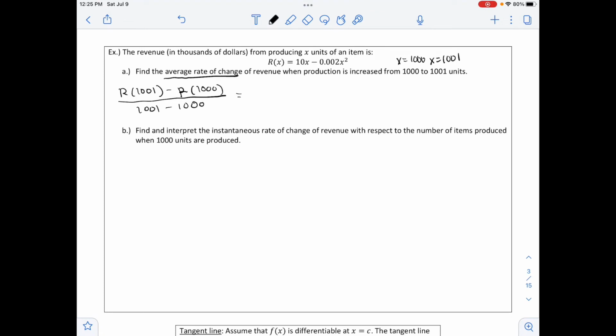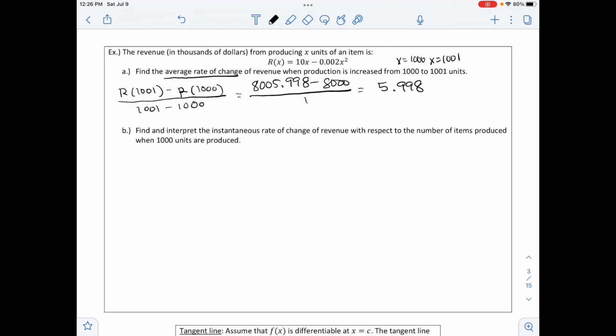And so we have to work out both of these values. So working out and substituting in 1,001, we get 8,005.998. And then r of 1,000, substituting 1,000 into my equation, we get 8,000 as we subtract those, divided by just 1. And so this is going to work out to being 5.998.